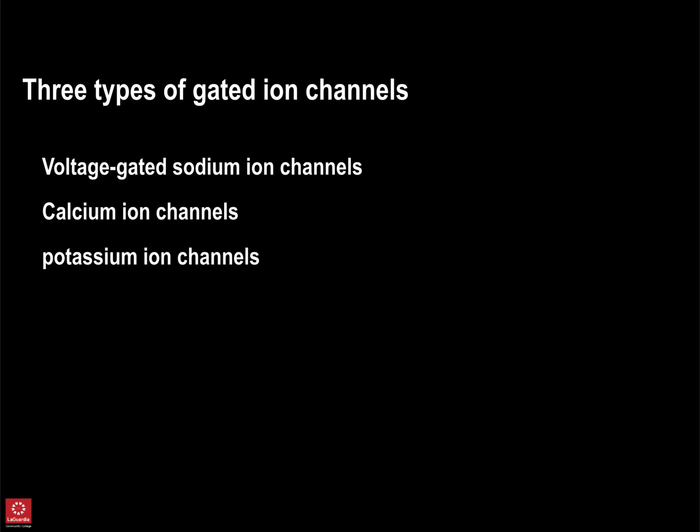Then we have calcium ion channels, which demonstrate voltage-gated opening but time-gated closing, meaning that they close after a certain period regardless of voltage. And all types of cardiac muscle cells have one or more types of potassium ion channels. Some of those are ligand-gated and others are voltage-gated.